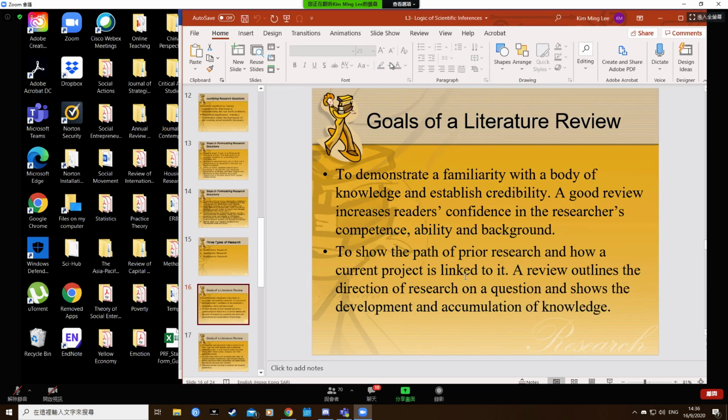So especially related to the so-called knowledge gap. So it shows how you try to improve the existing knowledge. Okay, by doing the literature review, you can identify the knowledge gap. You can identify what happened, what problems the previous research had, and you want to modify them. You want to correct them. Okay, so this is actually to show the development and accumulation of knowledge.